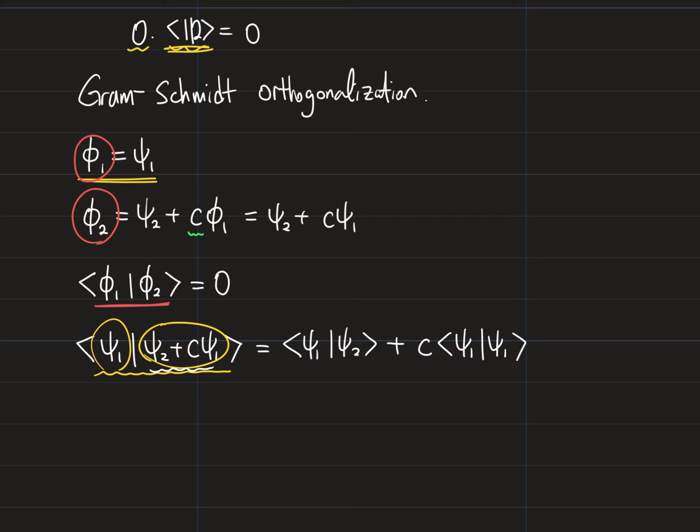This equation should be exactly the same, and we want this expression to be 0. We know that psi1 is already normalized, so this should be 1. That means the constant c is simply the overlap between the first and second function, taking the negative value of that.